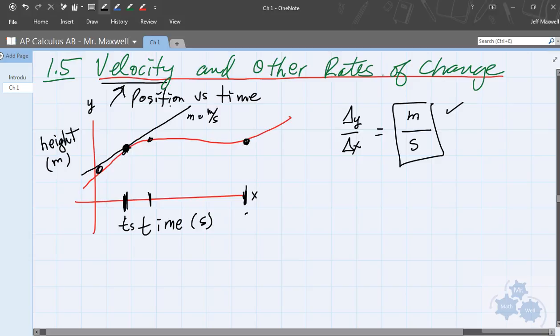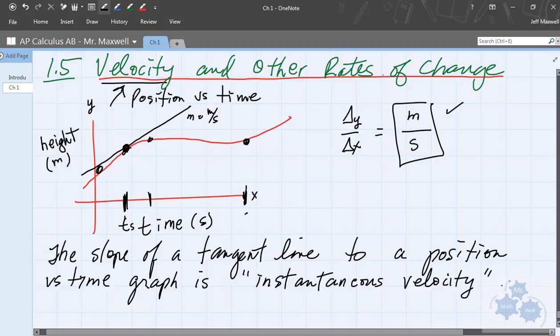It's what we call an instantaneous velocity. So just write this down for notes: the slope of a tangent line to a position-time graph, so that's what this black line is right here, represents the instantaneous velocity of this particle that's making this graph, traveling through space or whatever. It gives us the instantaneous velocity that it's traveling at that instant.